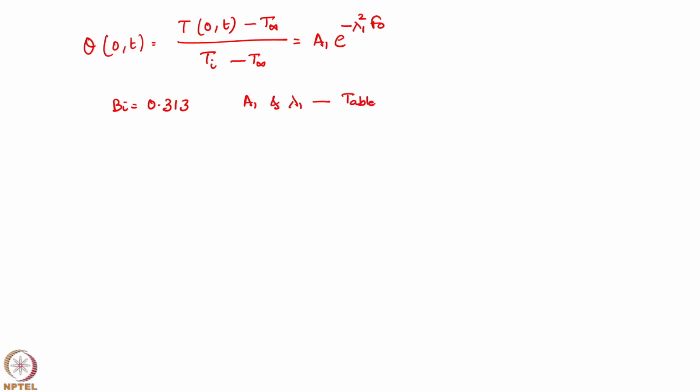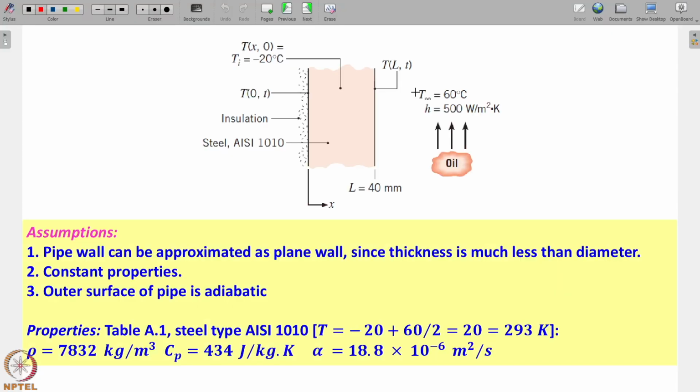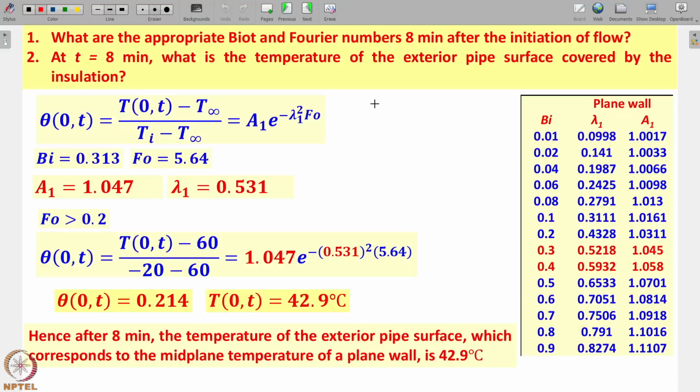So let us go to the table. Here is the table, with the Biot number. My Biot number is 0.313, and I have 0.3 and 0.4 here, so I have to interpolate between these two. I will show how to do the interpolation for one of them. At 0.3, lambda 1 is 0.5218 and A1 is 1.045.